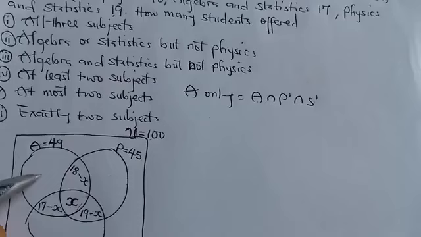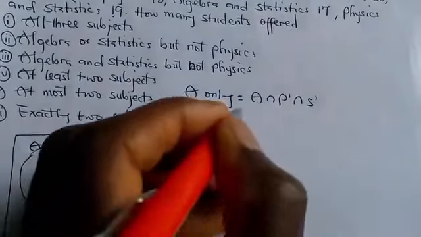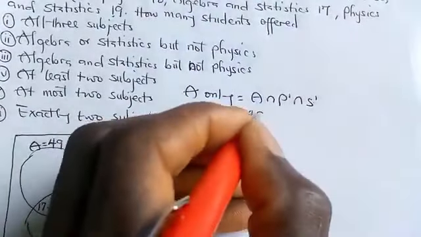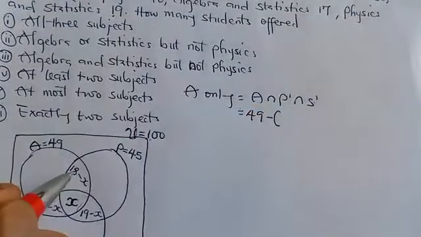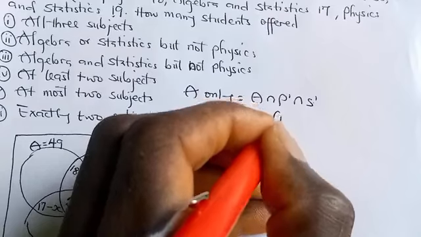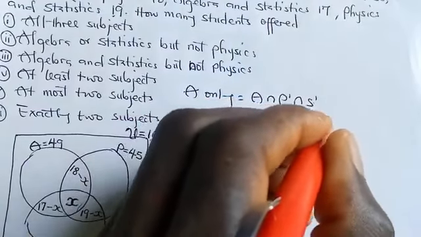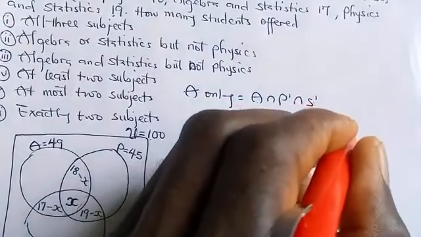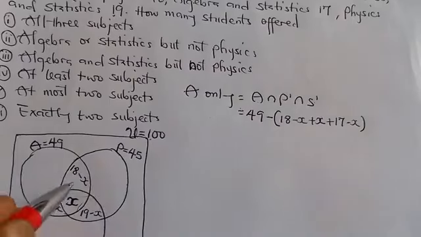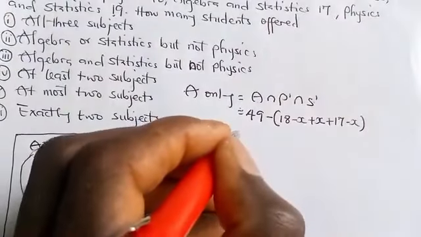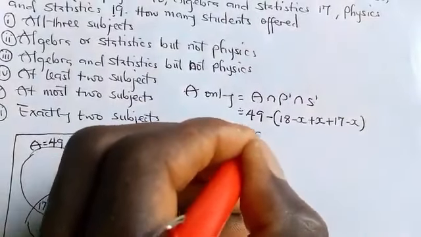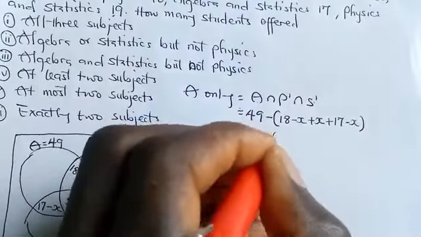so that we can get algebra only. So that's going to be equal to 49 minus the data we already have here, which is 18 minus X plus X plus 17 minus X, right? That's equal to 49 minus the content of the bracket.